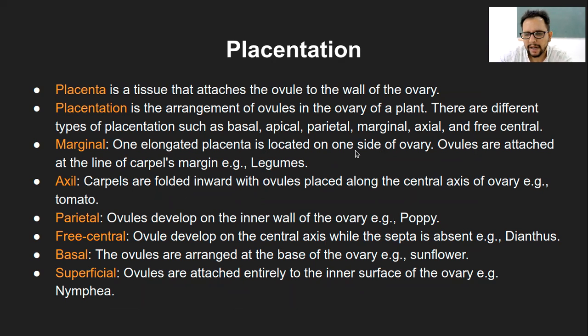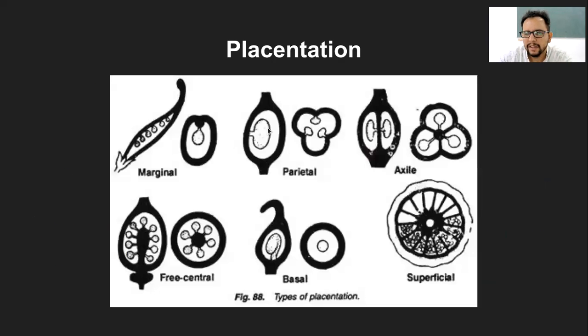And the parietal one, that is the inner walls of the ovary, they have a special point on the inner walls where the ovules will be attached. Like you can see here, it is a little extended part on which the ovule is attached.